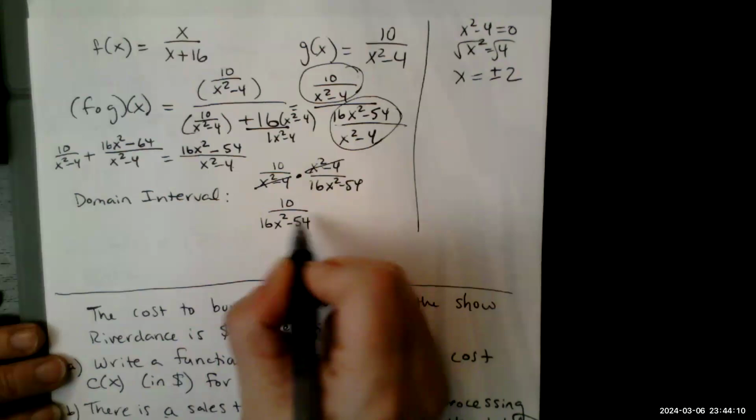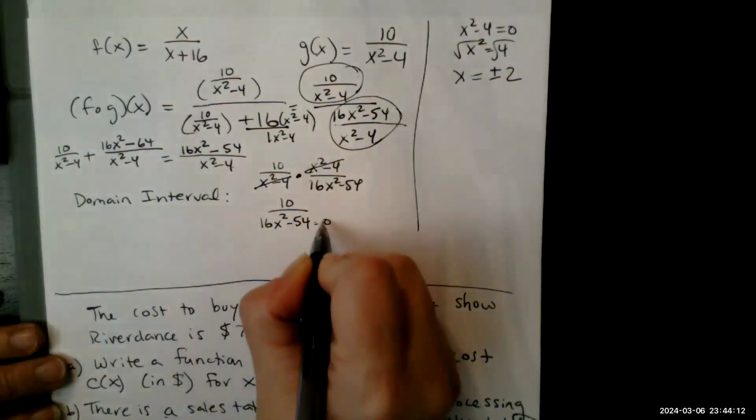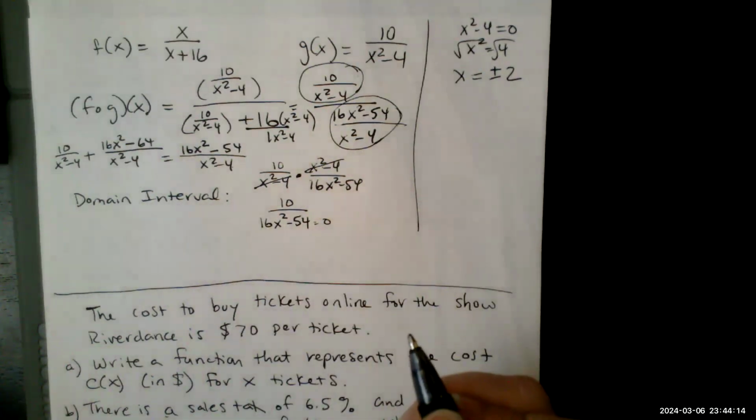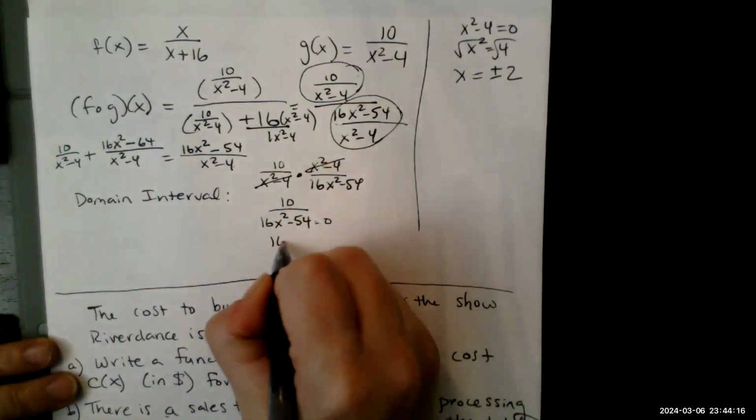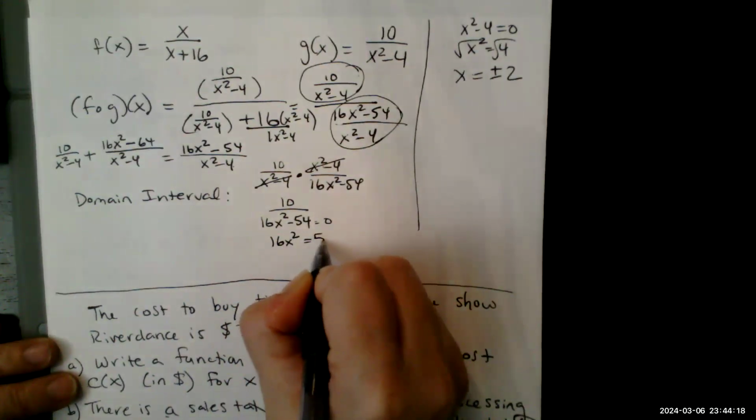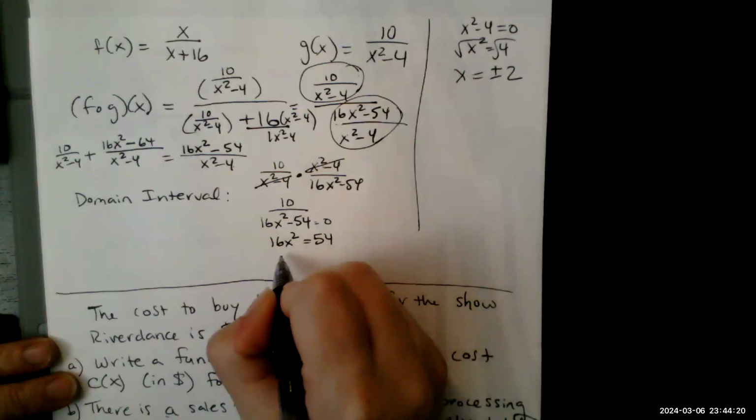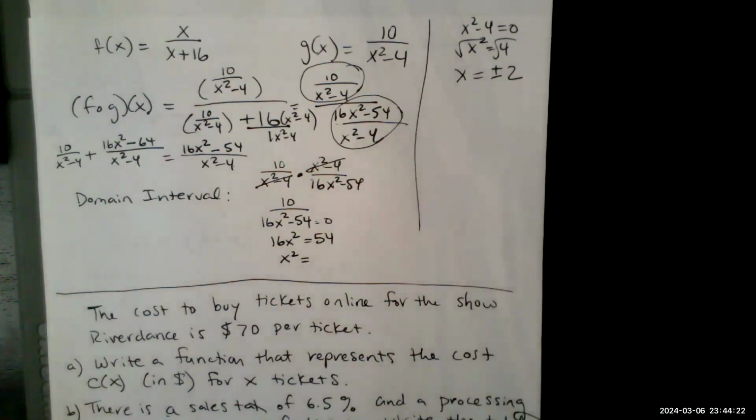I can set this equal to 0 to find out if there's some other numbers that I don't want. So 16x squared equals 54. Now I could divide by 16. Not sure if that is nice.